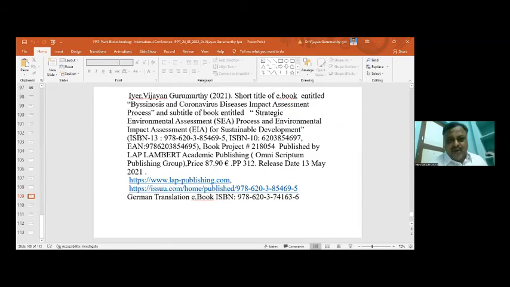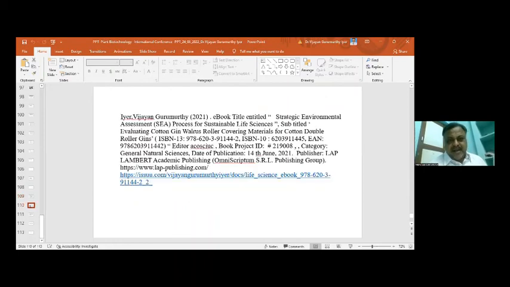And Biosynthesis and coronavirus disease impact assessment process, and strategic environmental assessment process, and environmental impact assessment for sustainable development. This book was also published by Lap Lambert in Germany. And this is another important book, Strategic environmental assessment process for sustainable life sciences, that is evaluating cotton gin walrus roller covering materials for cotton double roller gins. Walrus hide was the first material used in 1940 by Gillham and engineers, and the walrus became extinct after considerable years.